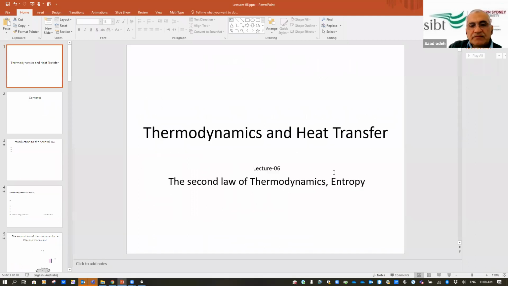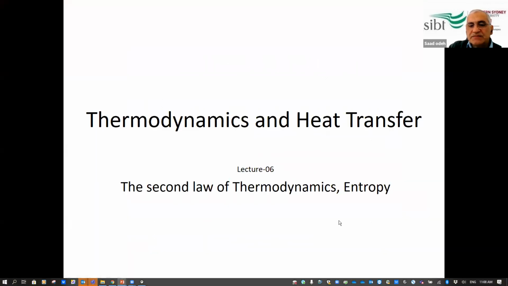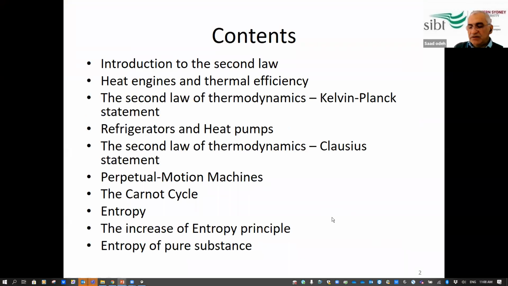So let's start with the second law of thermodynamics, and the major things that we're going to cover in this lecture. We will talk about heat engines and thermal efficiencies, and what we mean by the second law of thermodynamics, what the major statement of the second law is. Also, we will talk about refrigerators, heat pumps, and one of the ideal cycles in thermodynamics, which is the Carnot cycle.